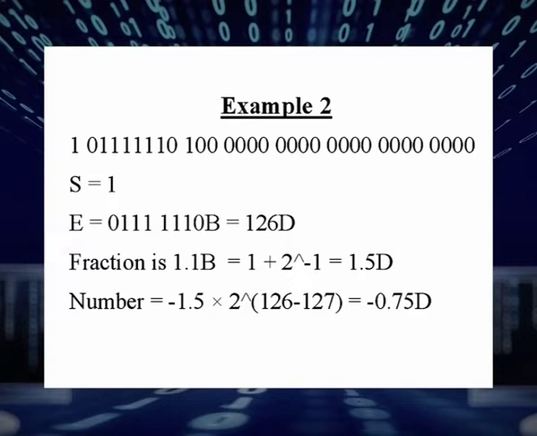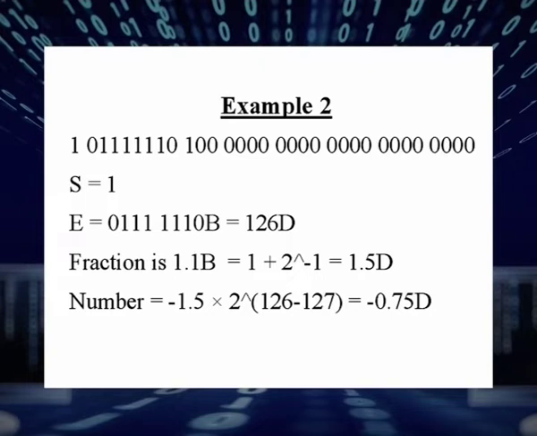Fraction is 1.1 with an implicit leading 1, which is equal to 1 + 2^-1, which is equal to 1.5. The number is -1.5 × 2^(126-127), which is equal to -0.75.